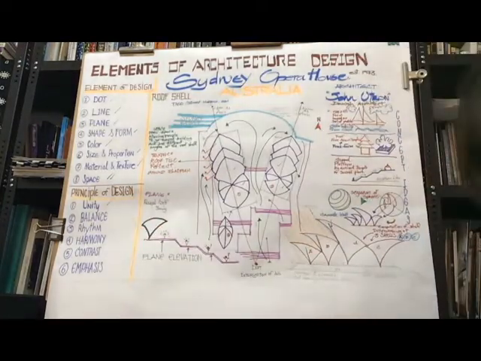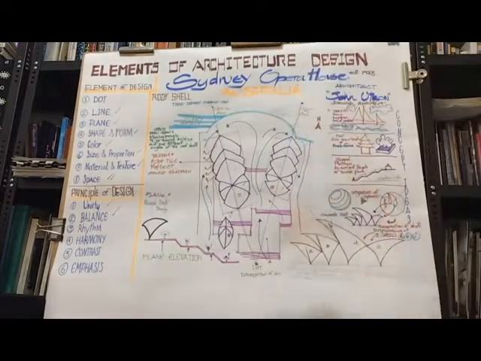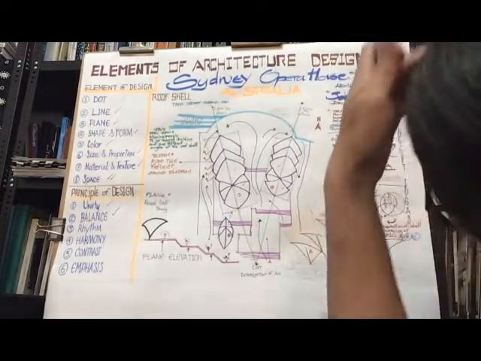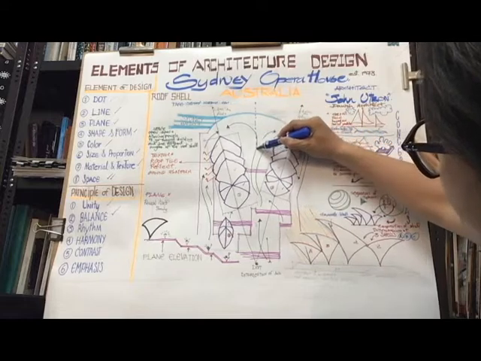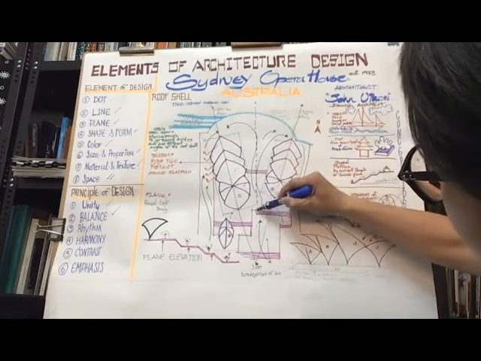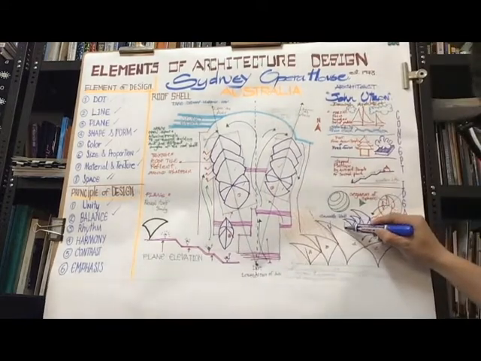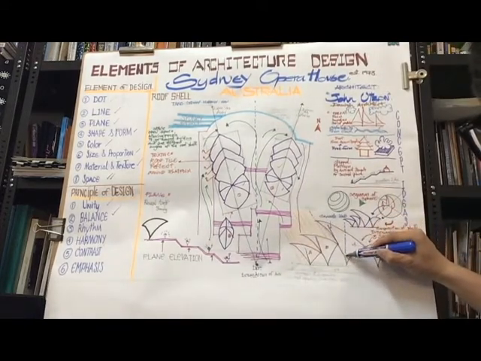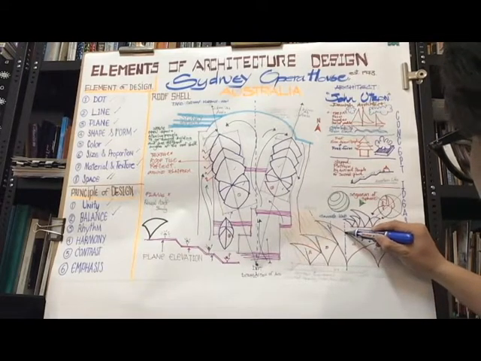The next thing is balance. Balance is one of the important principles of design. So you see the balance already, but please ask yourself, what type of balance is it?